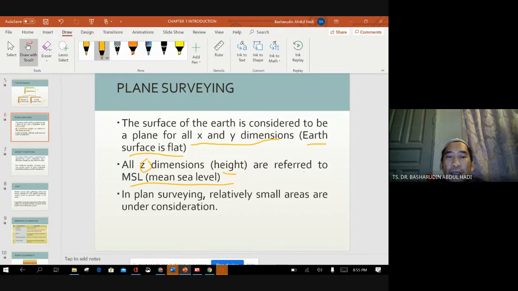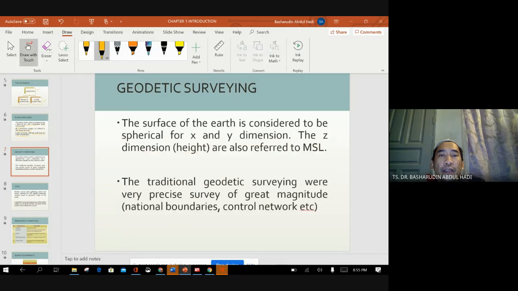Plane surveying. In plane surveying, relatively small areas are under consideration. So something that you want to do, the housing scheme, our practical works, we call plane surveying. But geodetic survey is more. For example, if we want to measure the curvature effect in Semenanjung Malaysia, from Perlis, Arau, going to Tanjung Piai, Johor, that is what we call geodetic survey.